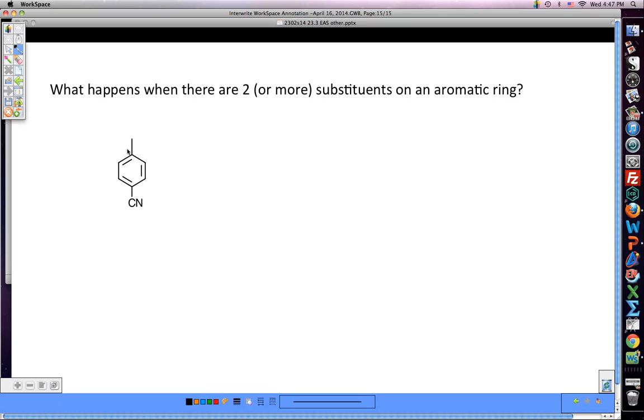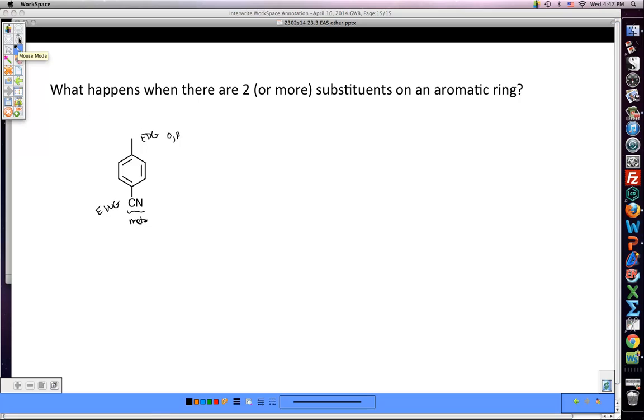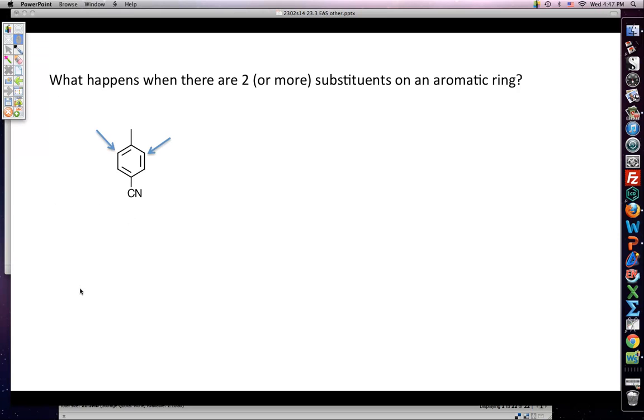What's going on? Well, I know that this methyl group is an electron donating group, and the nitrile is an electron withdrawing group. So that means this guy should direct meta, and this guy should direct ortho/para, as neatly summarized in these two arrows. So the methyl group says go here.